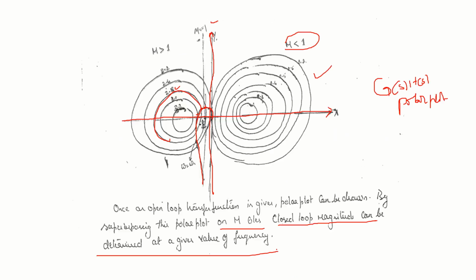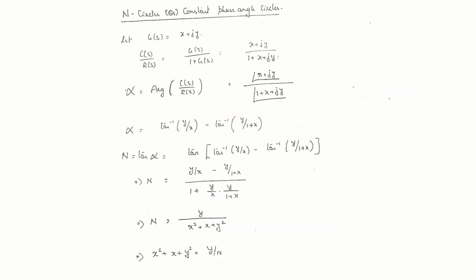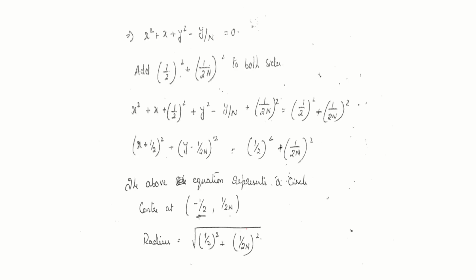Similarly, if you want to find the closed loop phase angle, then I use the concept called N circles, or constant phase angle circles. Again, do it the same way. G of s, C of s by R of s. Then the angle is, x plus jy. Let alpha be equal to this. Take tan on both sides, N equal to tan alpha. Then apply the tan of A minus B formula. Reorganize all these things. Doing all the manipulations, finally you will get an equation of this form.